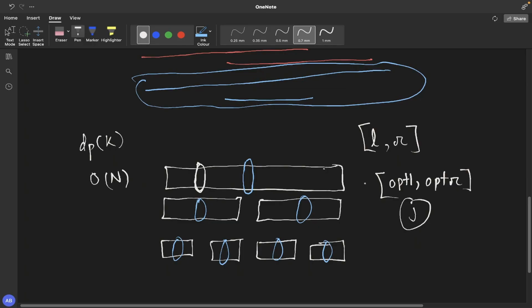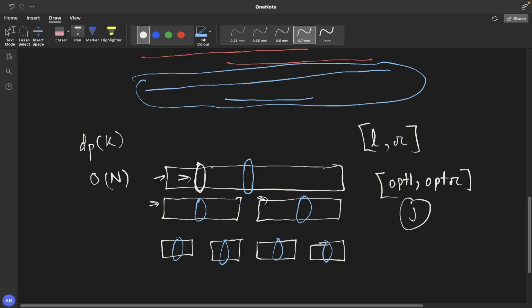So opt of L will be the same for this as it is for this, because there were no changes to it, but opt of R changes to this because, by the inequality, this opt value is less than or equal to that opt value. And opt of L for this particular segment will change to the opt value for this.